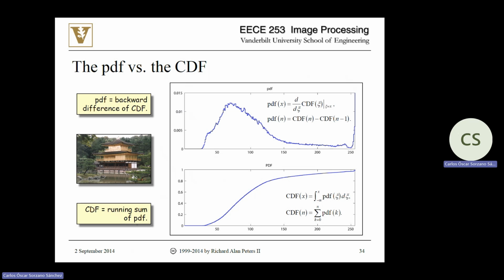Okay, and now this is how they look. So the CDF looks like this. This PDF was the probability of taking at random a pixel and having a value 50. The CDF is the probability of taking a pixel and having a gray value that is smaller or equal to 50. So I take a random pixel.